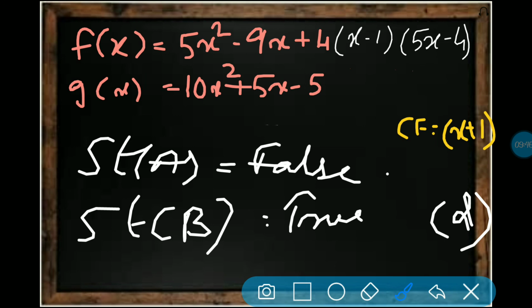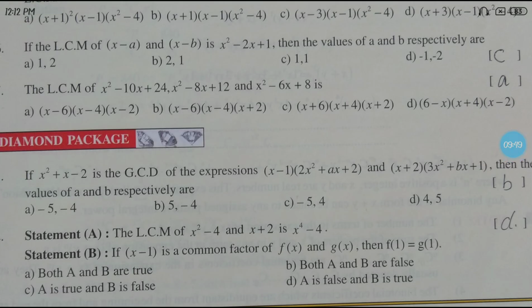Okay. Next we will see the diamond package now. The first question says, if x square plus x minus 2 is the GCD of the expressions (x minus 1)(2x square plus ax plus 2) and (x plus 2)(3x square plus bx plus 1), then find the values of a and b respectively.